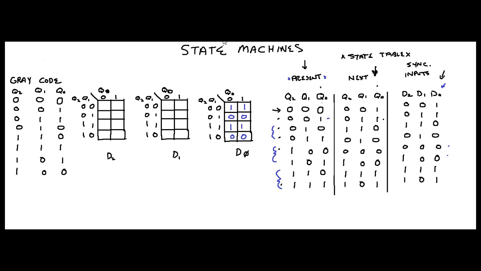So now let's do D1, shall we? That means we're going to be looking at this column right here, okay? So when Q1 and Q2 are both 0, which means we'll be looking at this, we have 0, 1. Get it? So 0, 1. Now let's look at this right here.